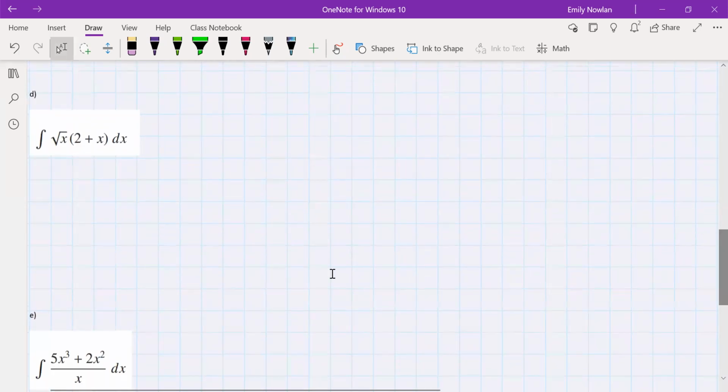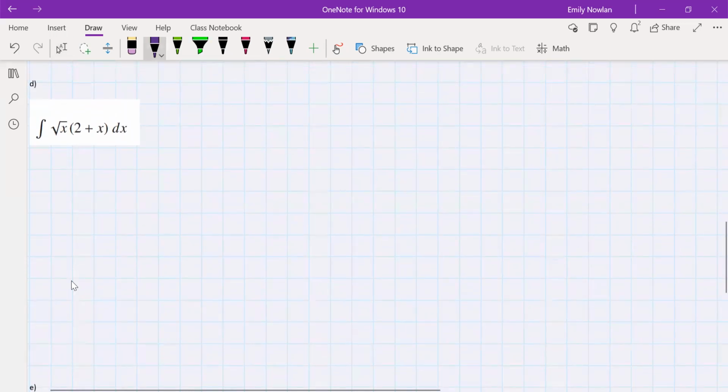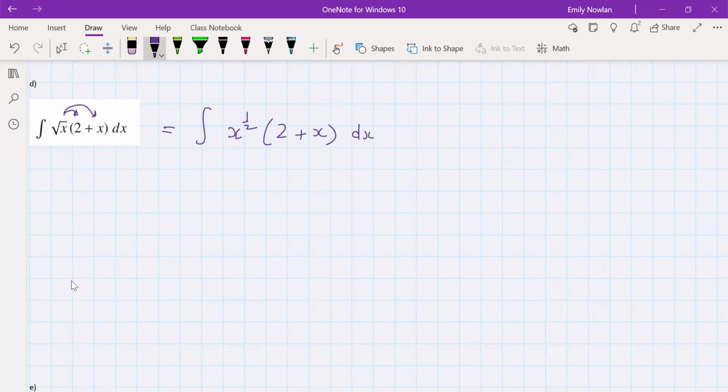This one's a little bit more complicated. So let's have a look at this one. Okay, just like when you're differentiating, if you're going to integrate and there's brackets and things, you need to expand them before you go doing anything. So I'm just going to rewrite this question. So I'm still finding the integration. I'm going to write that as x to the half times 2 plus x, with respect to x. Now, I'm going to expand it out.